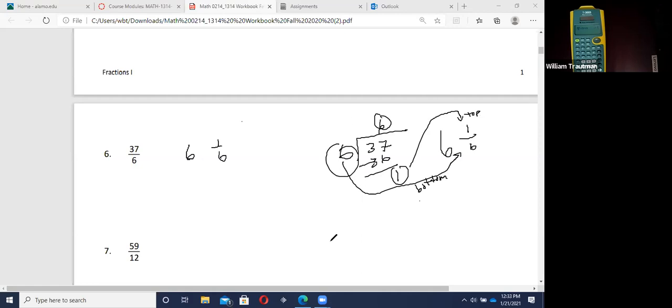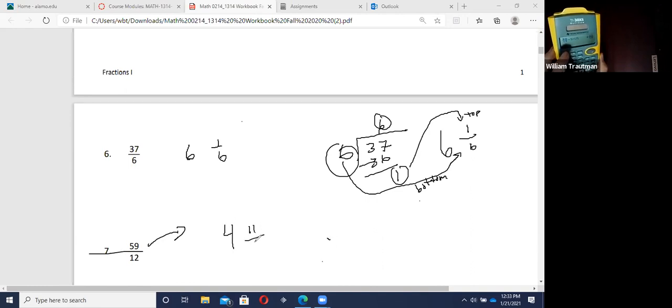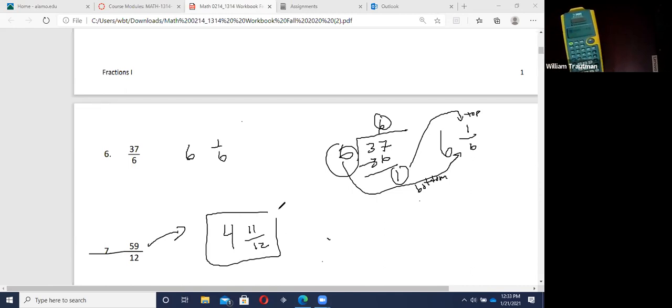So let's try 59/12 on our calculator. And when I get it, if I can find my pen, there it is, 4 and 11/12.